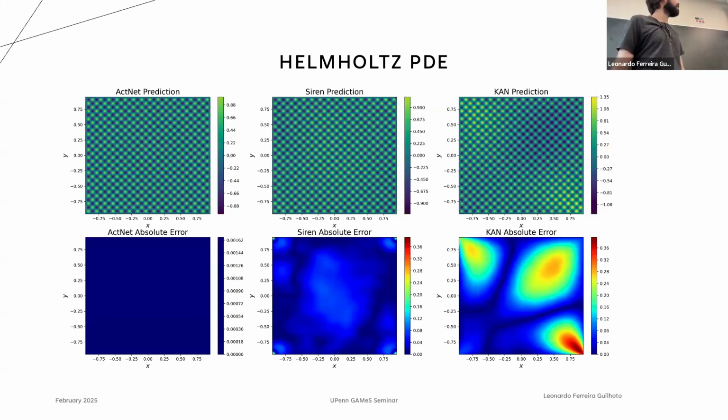You can see over here, this is for frequency 16 in this case, and you can see that ActNet can do a really, really good job. You can barely see any error over here. Siren does a little bit better job, but you can see a little bit of color over here, and Kon does very badly. I'll say in general, that is a common trend in all my experiments.